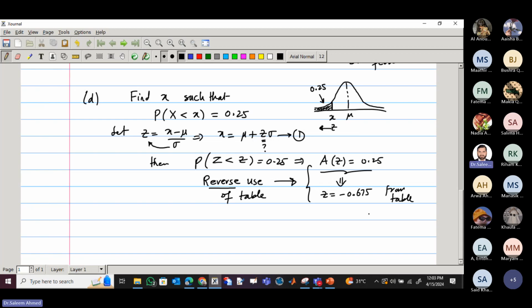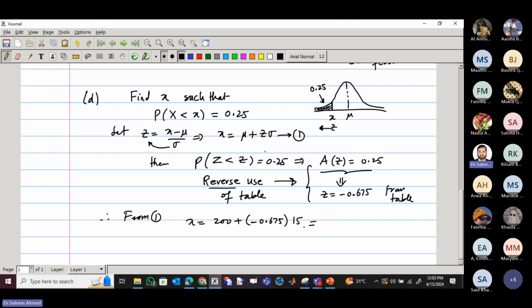Now I will put the Z value. So from equation 1, I can put Z here, right? So my X will become mu plus Z sigma. Z is minus 0.675 and sigma is 15.